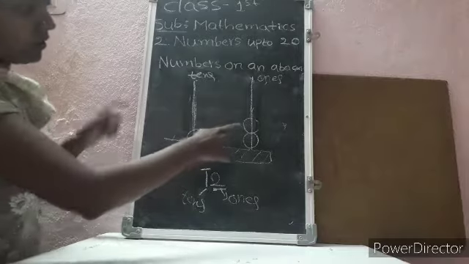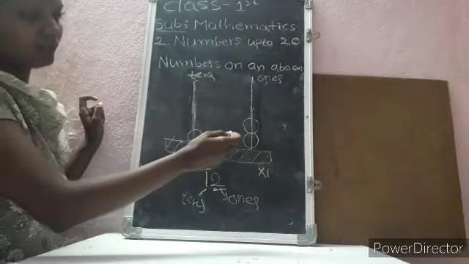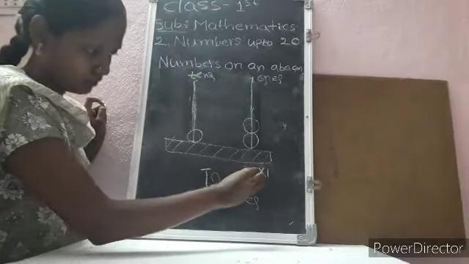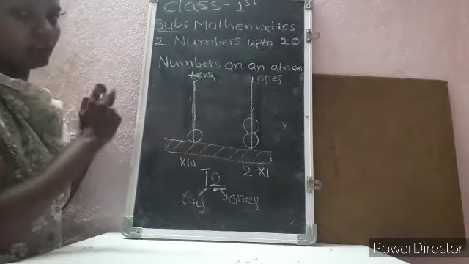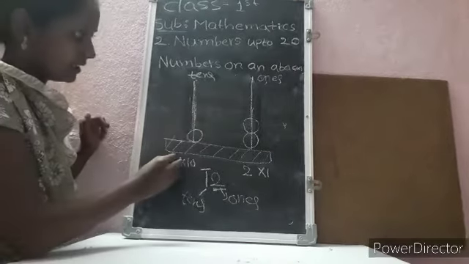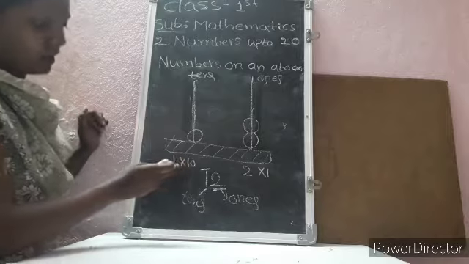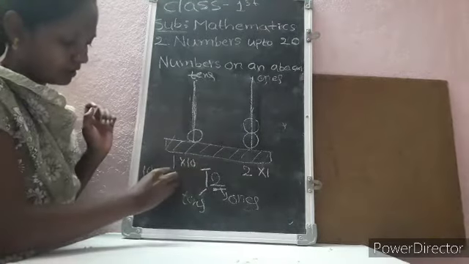So count it. In the ones place, how many beads are there? 2. And next here, tens. How many beads are there in the tens place? The tens spike has 1. So now 1 tens are 10 plus 2 ones are 2.